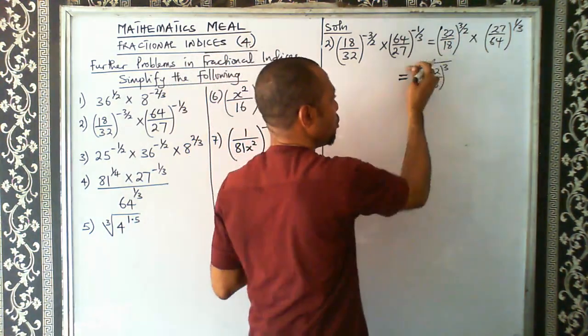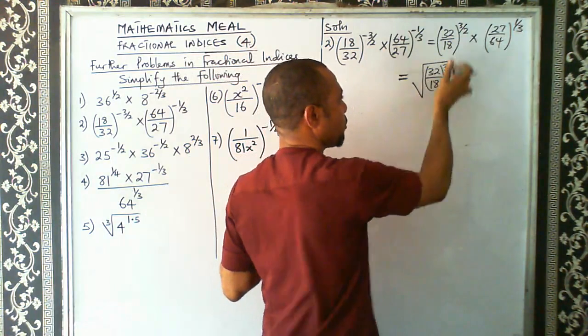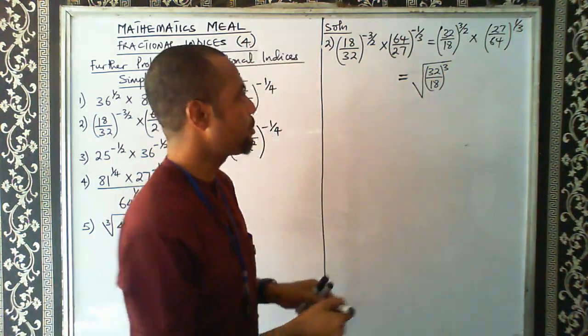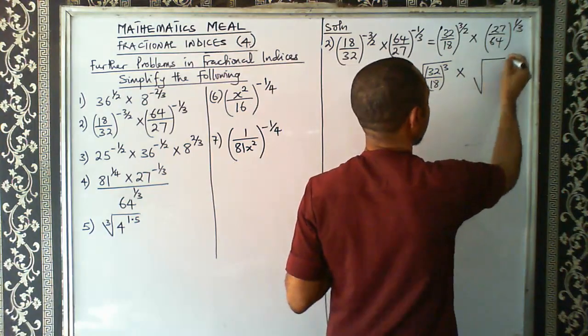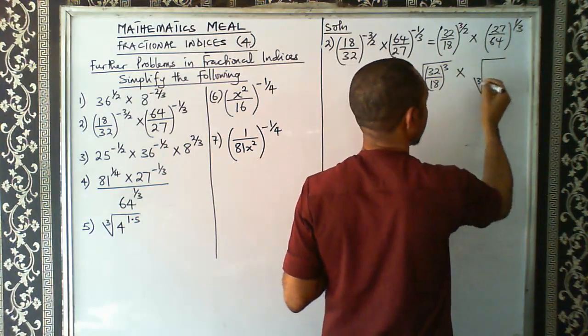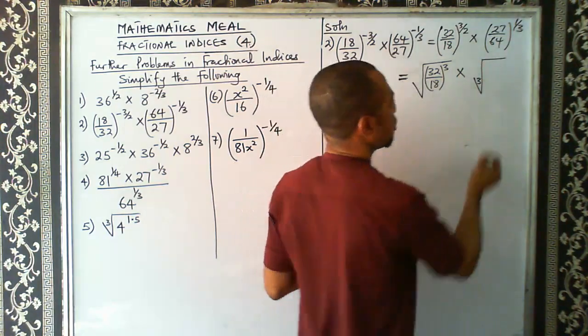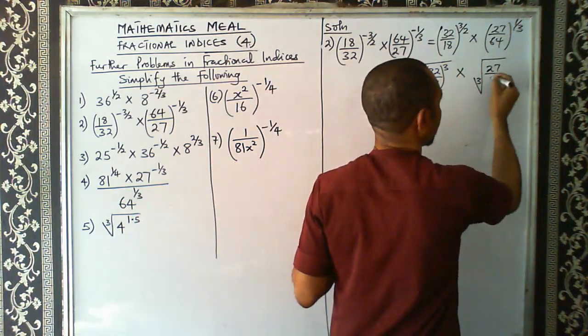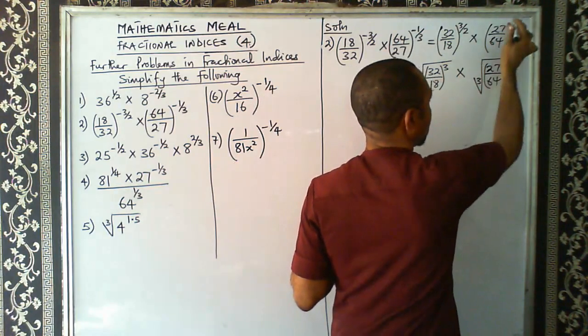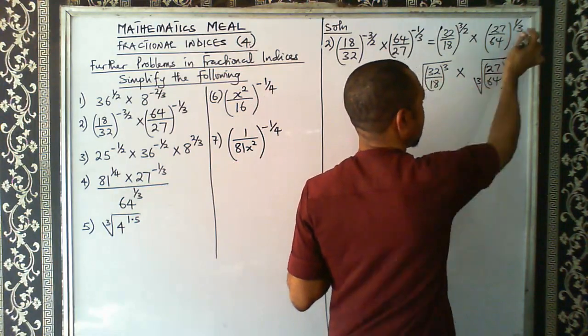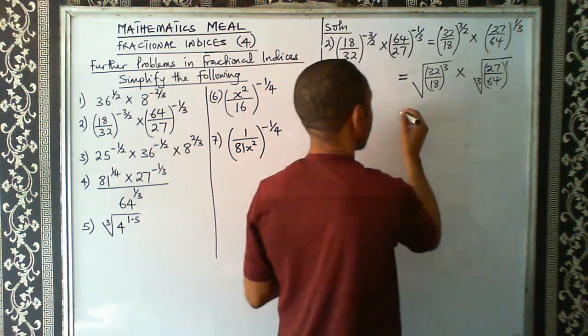The 2 is the root, taking this position, and 3 is the power. Times the cube root of (27 over 64), all raised to power 1. 1 is the numerator, so that's the power. 3 is the denominator, it becomes the root.